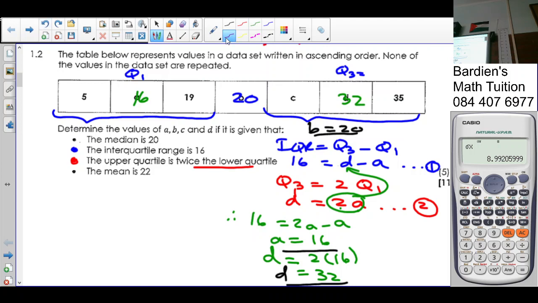Then, in the third case we are told that the mean is 22. How do you calculate the mean? Sum of all the numbers divided by the number of numbers there are.